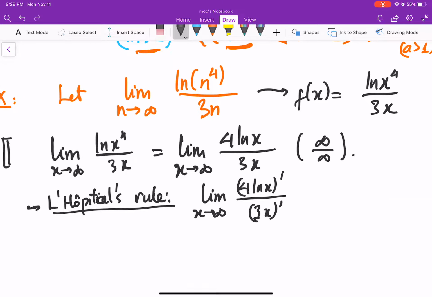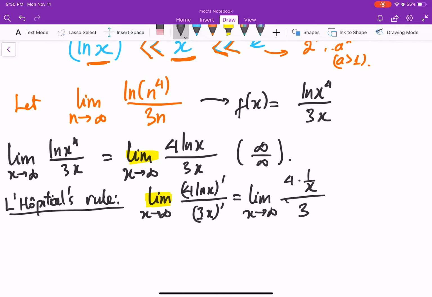If this limit exists, then our limit right here is equal to this limit, right? So let's differentiate this. I get on the top just 4 times 1 over x, because the derivative of ln of x is 1 over x, divided by 3, x approaches infinity.